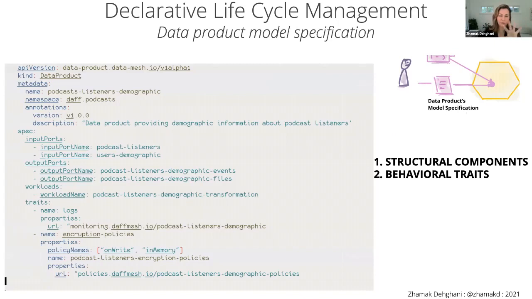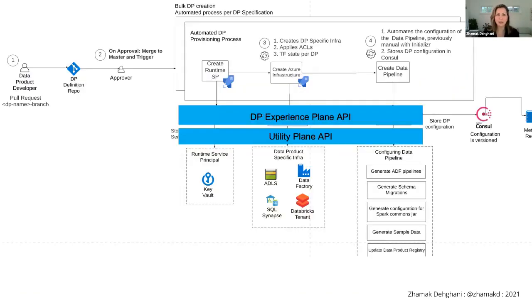So this is a few lines of a much longer model spec for a data product that says what its input ports and output ports are, and maybe some of the policies that it has. Check this code in your repo of that data product, pass it through the life cycle, pass it to your experience plane API that then, on the platform of choice, I've borrowed this diagram from our teams that use Azure for implementation, passes that to the utility plane to configure all of the bits and pieces that you need.